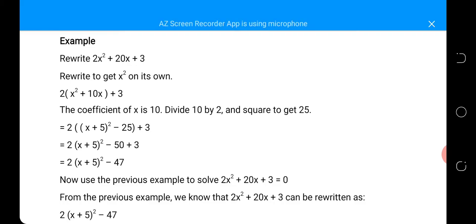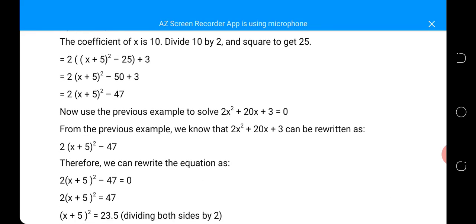Therefore, the expression will be transformed into 2 into (x plus 5) squared minus 25, plus 3. And that is going to give us 2 into (x plus 5) squared minus 50 plus 3, which is 2 into (x plus 5) squared minus 47.